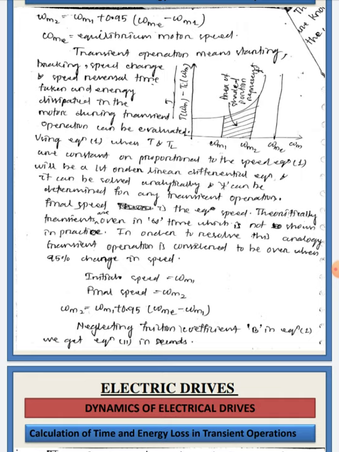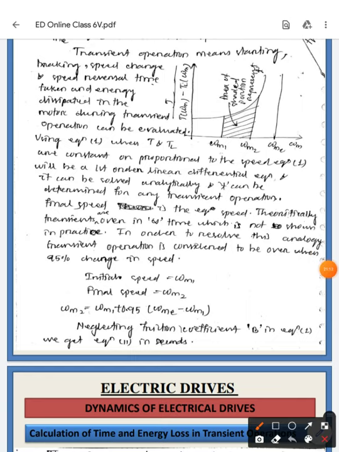So during the transient operation it may take some time to settle down into the previous steady state conditions. In order to resolve this analogy of transient operations, it is considered that when a 95% speed change happens, the transient operation can be resolved.